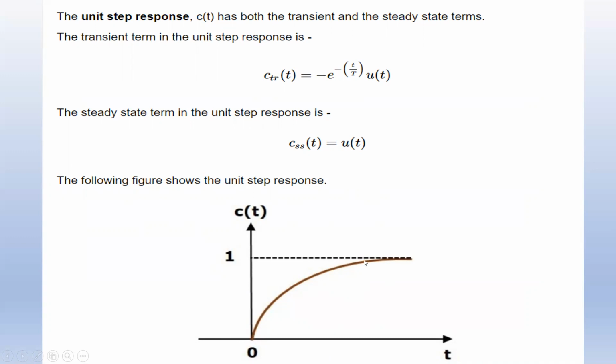This dotted segment shows the input to this first order system. If we give this unit step input, then we can have the output constantly reaching its steady state, the exponential signal which we got in the previous slide. So this is how we can analyze the first order system using unit step input.